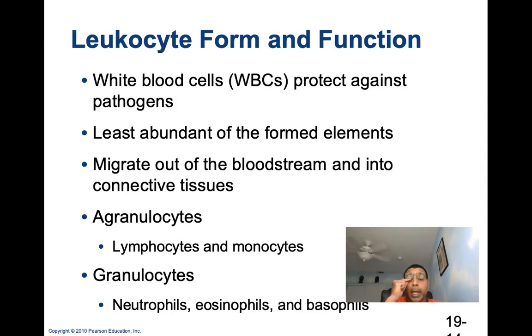So we talk leukocytes. Leukocytes are white blood cells. They're the only formed element that is a complete cell, as we've described, because they have organelles and nuclei. And their lifespan can range anywhere from 13 to 20 days.